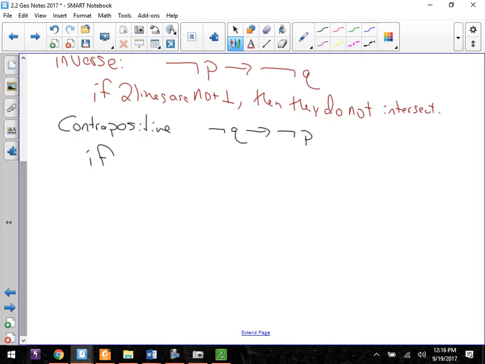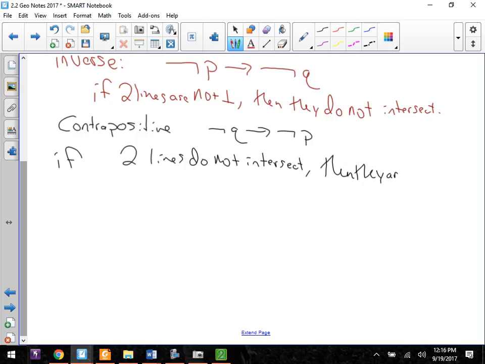Excuse me. If two lines do not intersect, then they are not perpendicular.